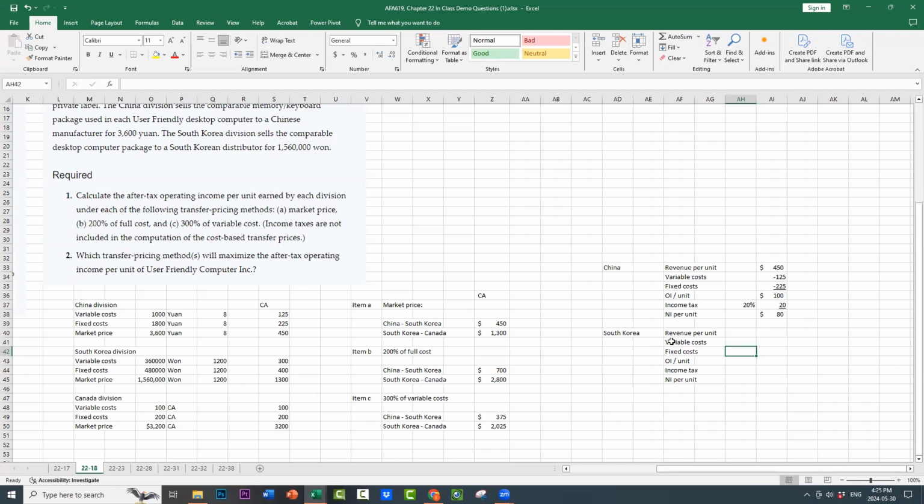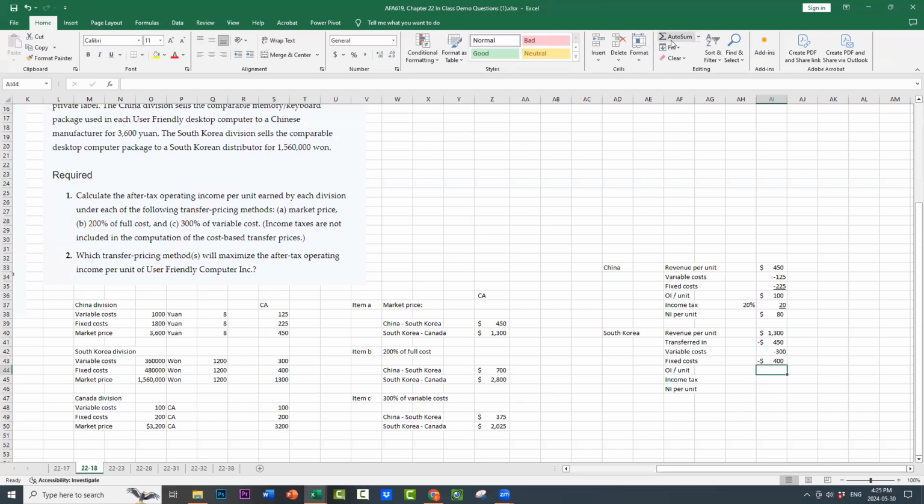Now, don't forget, we've got to add one additional cost here, the transferred in cost. So we've got the revenue per unit, which is 1,300. Transferred in cost is going to be the $450 because they're transferring it over to South Korea. Then they also have their other costs, which is $300 per unit, $400 per unit.